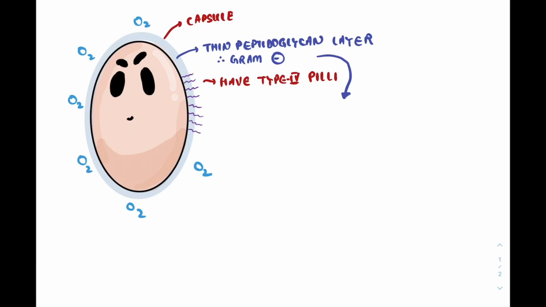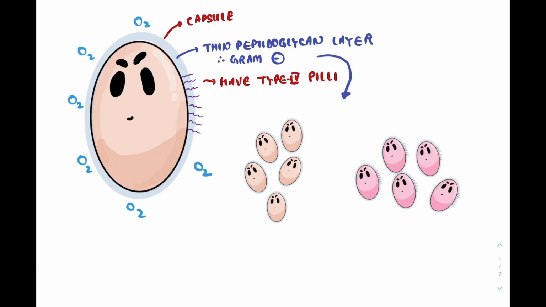The type 4 pili structure is used for the adhesion of the bacteria to the cells. As this is a gram negative bacteria, it will not stain with normal gram staining. Therefore, they will take the safranin dye, and all these bacteria turn the safranin color. Therefore, they dye with safranin. There are two special features about the bacteria. These are non-motile bacteria, and they do not form spores.